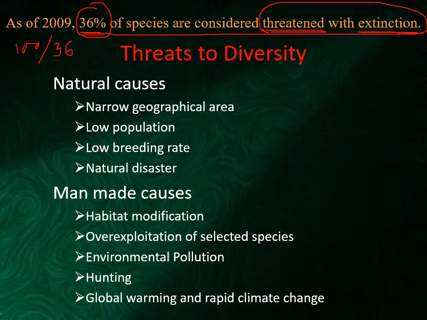Now, what are the threats to biodiversity? The threats may be divided into two parts. One is the natural causes, such as the narrow geographical area. That means if a species is restricted to a narrow territory, to a narrow area, then after some time, the resources taken by that species will be limited or will end soon.